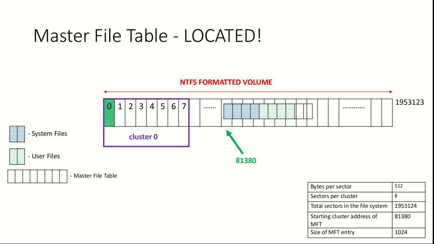The master file table is found at cluster 81380, which is well away from the start of the file system. The size of one entry in the MFT is 1024 bytes. In the next video, we will locate the master file table and find which are the allocated entries in it.